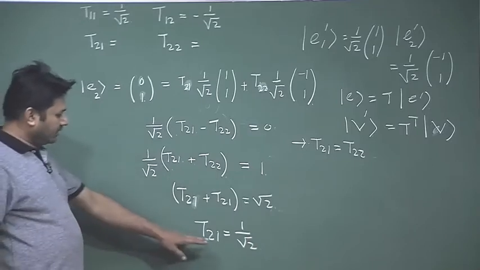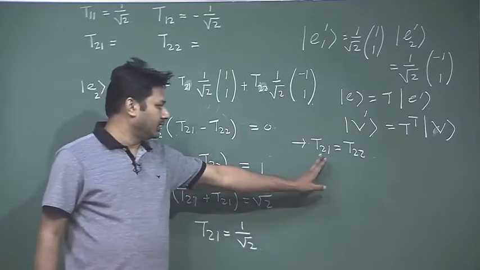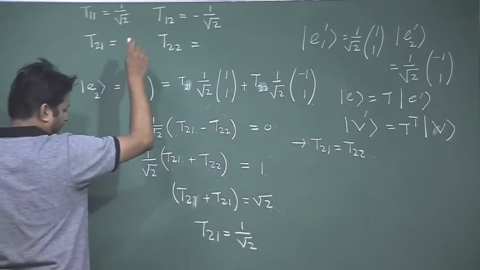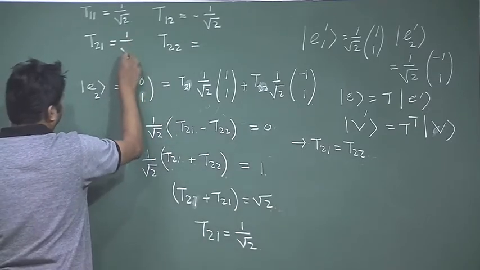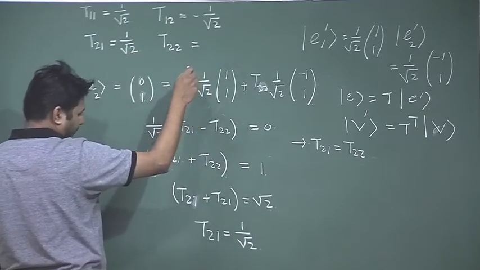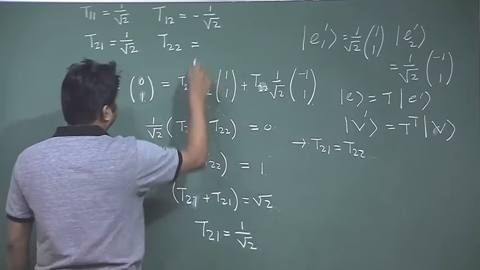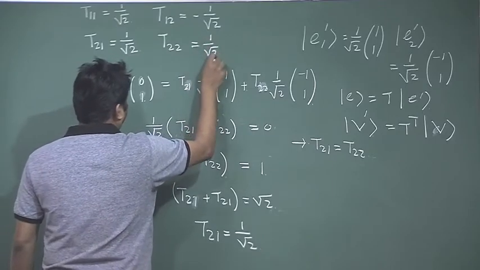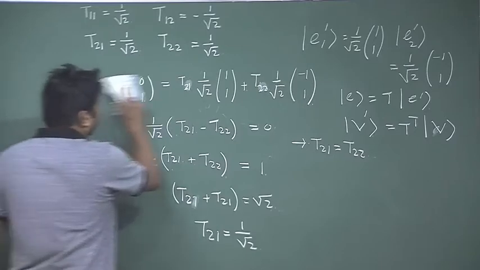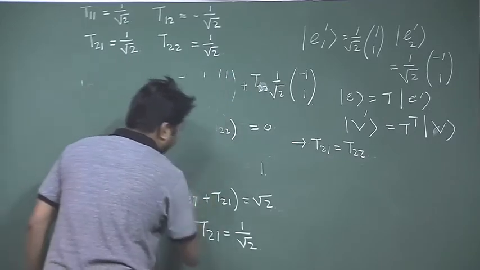If my T21 is 1 by root over 2, this T22 is also 1 by root over 2. So, another 2 values I will get, which is 1 by root 2 and 1 by root 2. So, all the 4 components of T I figured out.